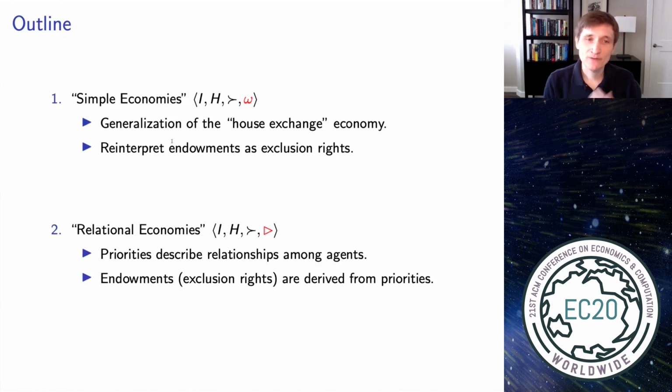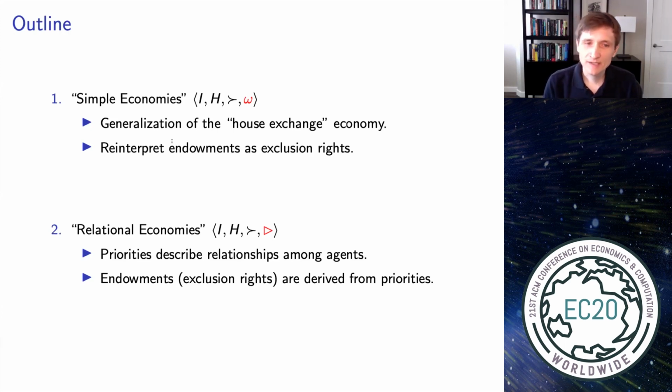The second half of the paper builds upon the first half, but it introduces the idea of priorities. Priorities are a well-known construct in the market design literature. If we think about assigning students to schools, there are usually priorities to those seats. We offer a reinterpretation of what priorities mean in an exchange economy, and we use them to describe relationships among people and the goods in the economy.